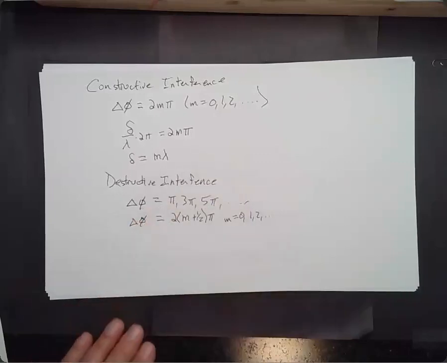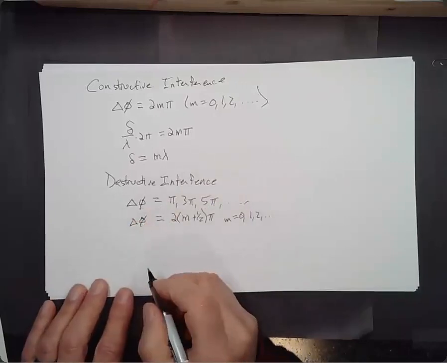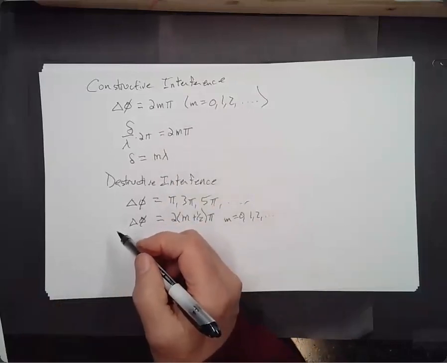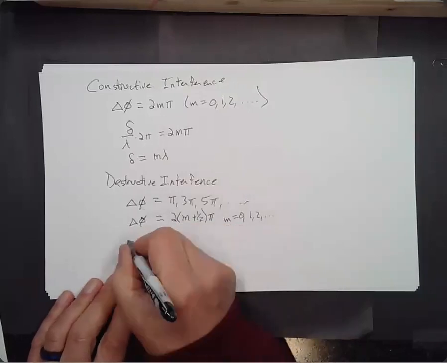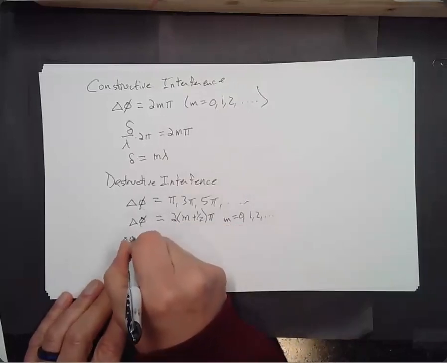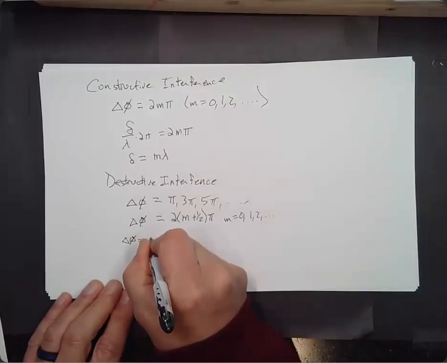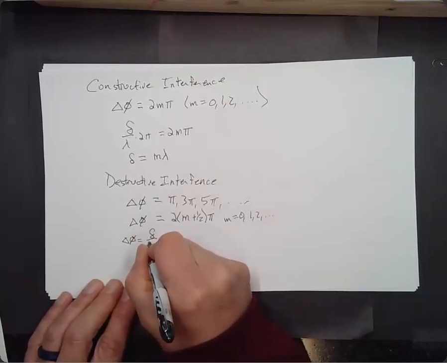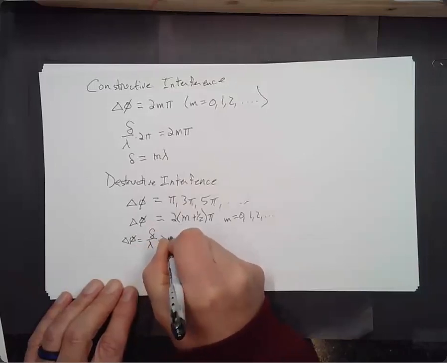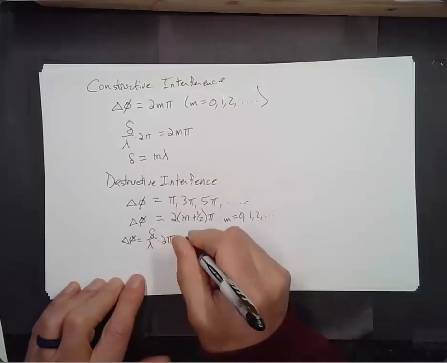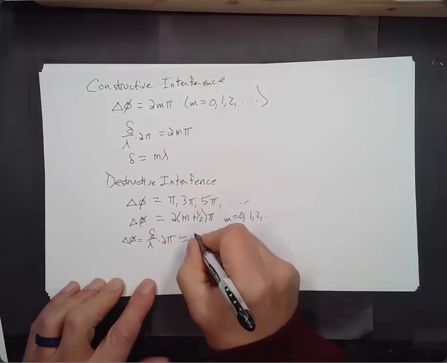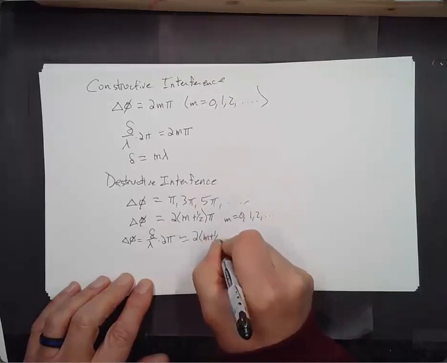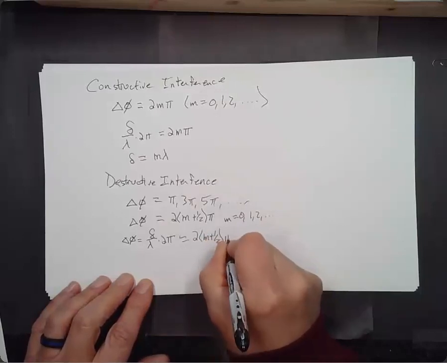Okay, well, where did that delta phi come from? It came from a path length difference, and delta phi is equal to the path length difference, delta, divided by lambda, times 2 pi. And in this case, it would be 2 times m plus a half times pi.